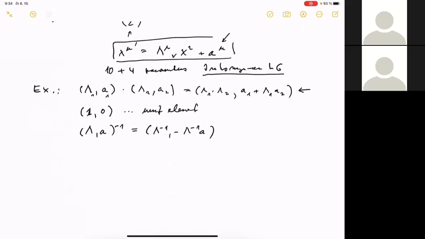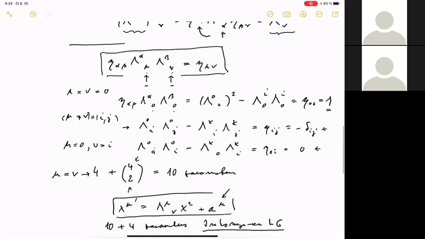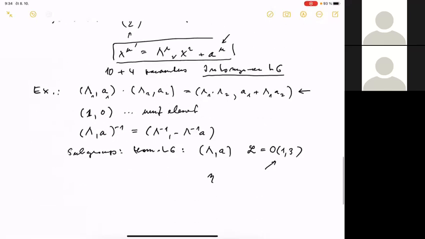This group has distinguished subgroups, and these subgroups correspond to the so-called homogeneous Lorentz group. These correspond to the double lambda and a equals 0. This group is sometimes called also L, or orthogonal group O(1,3) or O(3,1), because our metric eta, which is preserved by the transformations of this group, in the sense I have explained before, in the sense of this equation, has the signature 1 minus and 3 plus, or 1 plus and 3 minus.